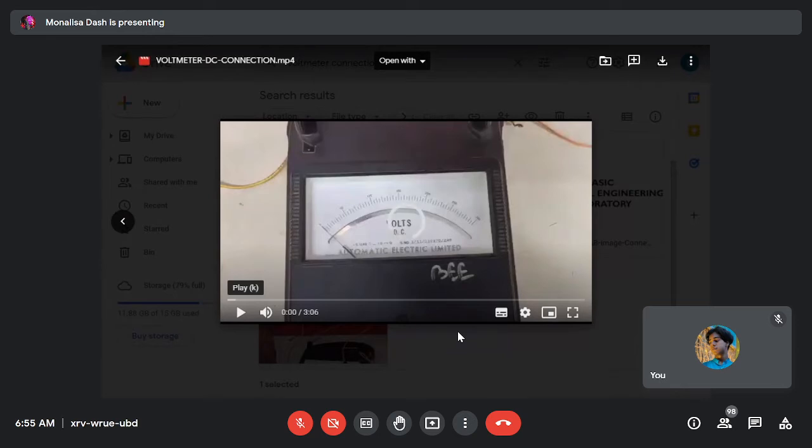See, for DC supply it is 220, but according to whatever supply we have set up in the lab, according to that we have checked the supply voltage, and according to that we have done the calculation.